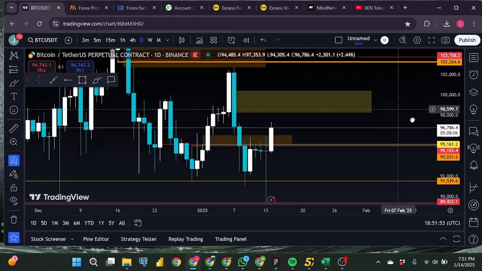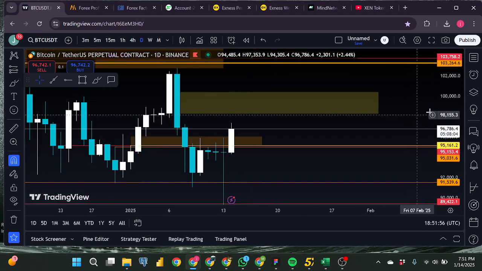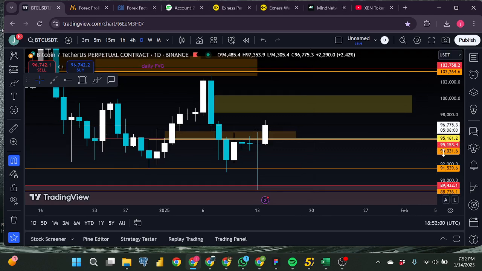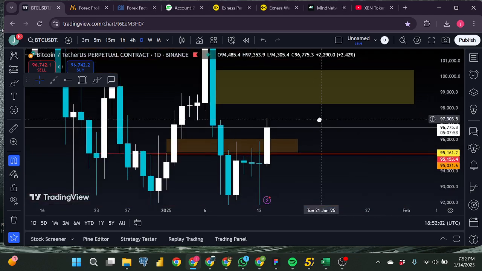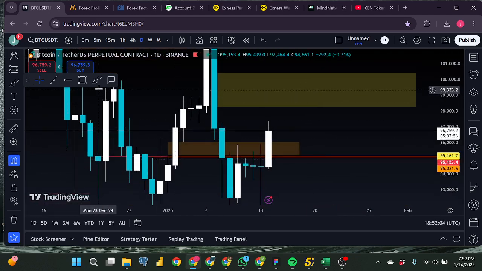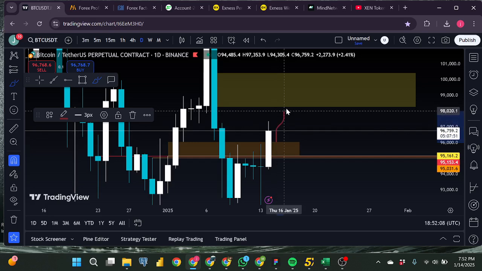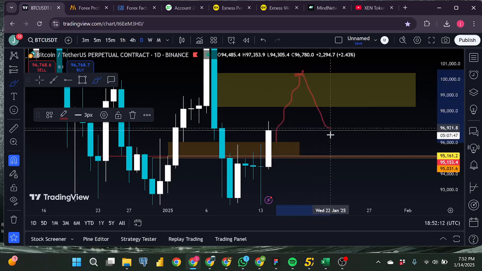Okay, so we are looking at this region here for a moment to reverse the move. We are saying that this move should come up to somewhere here and reverse. That's how we want to play the game today or tomorrow.